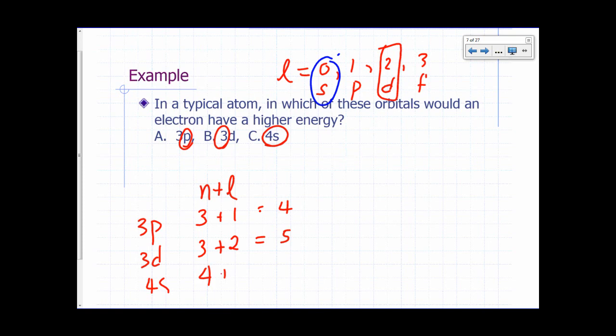Okay, that gives you 4. So, in a typical atom, in which of these orbitals would an electron have the highest energy? The answer would be 3d. Okay.